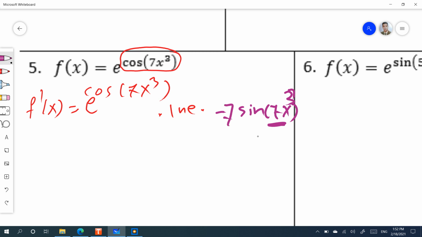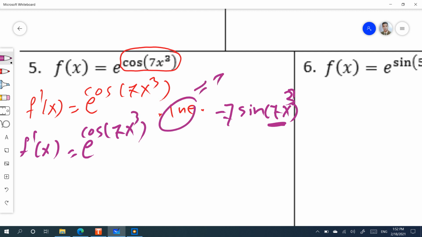Therefore, the derivative of this function will equal the exponential without change, 7x to power 3, ln e equals 1, times minus 7 sine 7x to power 3. This is the derivative of this function.